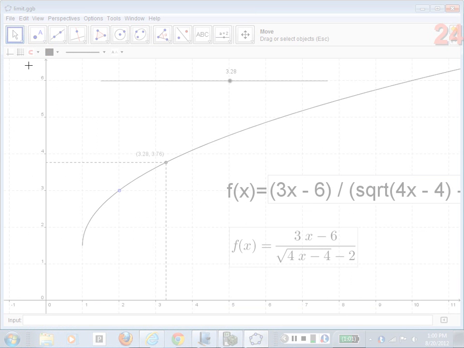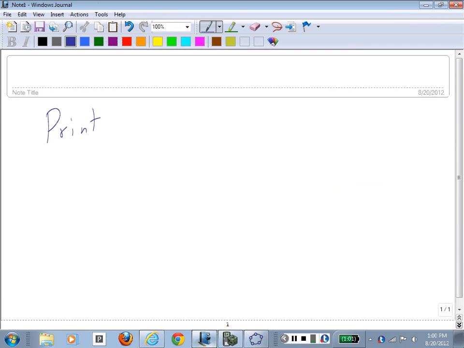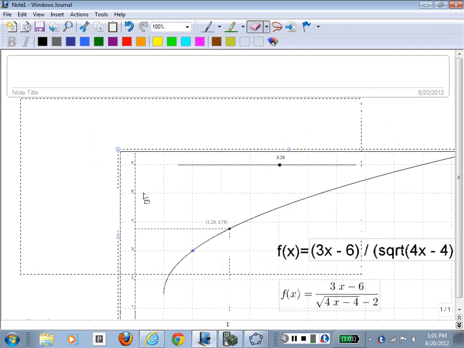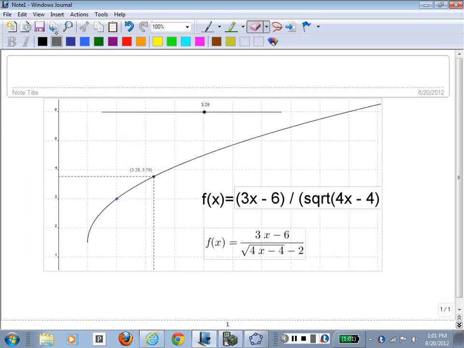So if we are going to get a real number when we take the square root of 4x minus 4, what must be true of 4x minus 4? What kind of numbers have real square roots? Positive. And also 0, right? So 4x minus 4 would have to be greater than or equal to 0.